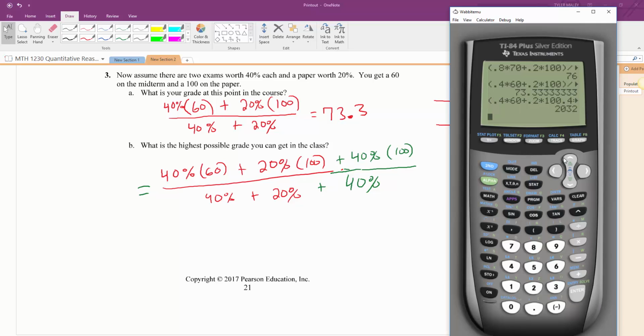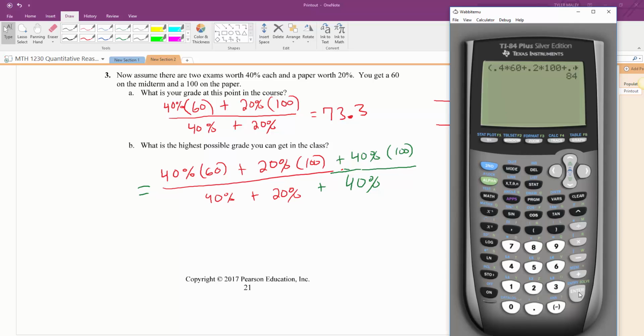Oops. That can't be right. I must have made an error. Let me start over here. So we'll do 0.4 times 60 plus 0.2 times 100 plus 0.4 times 100, and then divided by 0.4 plus 0.2 plus 0.4.